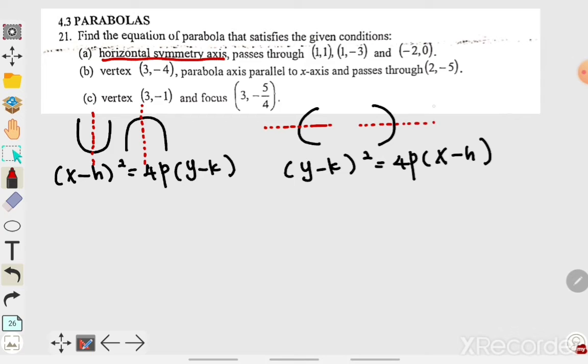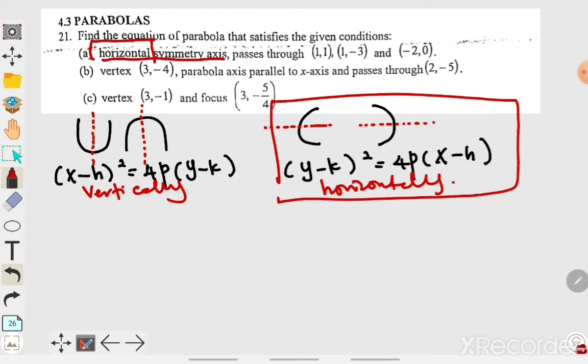What we want here is a horizontal symmetry axis, which divides or cuts the graph into two equivalent halves. This one is vertical, and this one is horizontal. So this suits the question. Since we have horizontal, we have to reject this formula.